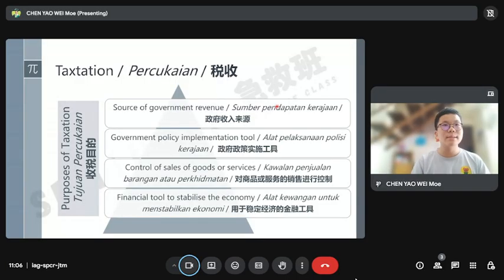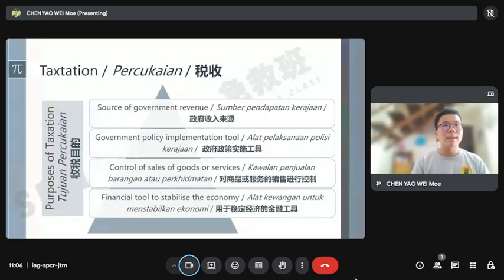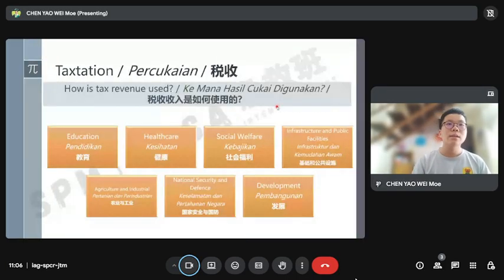How is the tax revenue used? In education, healthcare, social welfare, infrastructure and public facilities, agriculture and industrial, national security and defense, development. These several sectors will use tax revenue in their own sector.